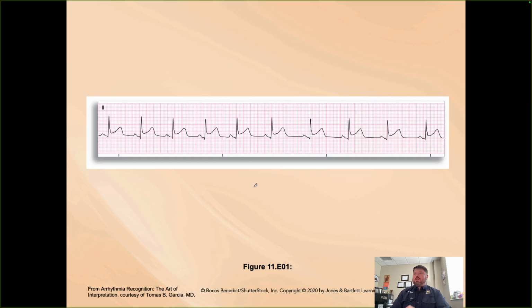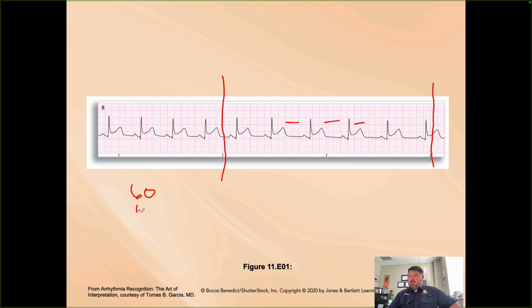Take a look at this one. The first thing that I'm going to notice, because I'm going to go through my rules, is that I've got more than a 6-second strip right here. So I want to make sure that I am only counting the complexes within the 6-second strip. So my rate is 60. If I look at my regularity, I'm going to see that it's already irregular between these two R to R's.